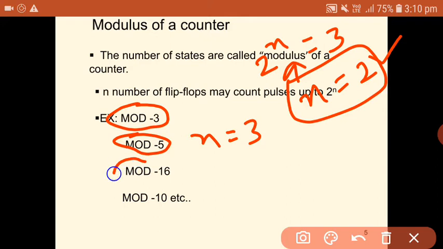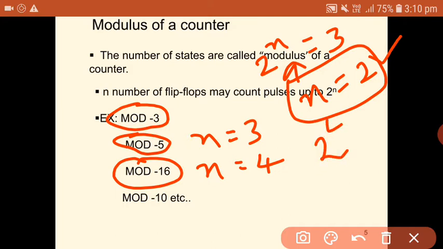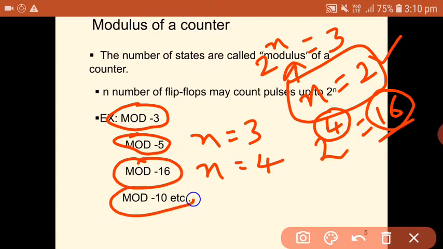For realizing a mod 16 counter, the number of flip-flops required will be 4, because 2 to the power of 4 gives you 16 different output states. Similarly, for constructing a mod 10 counter, how many flip-flops are required?